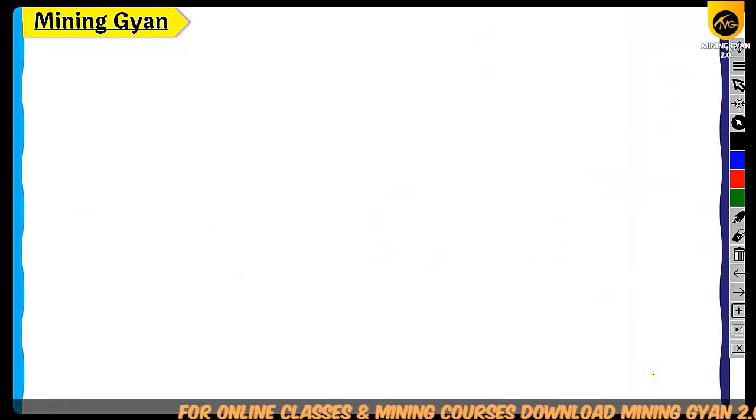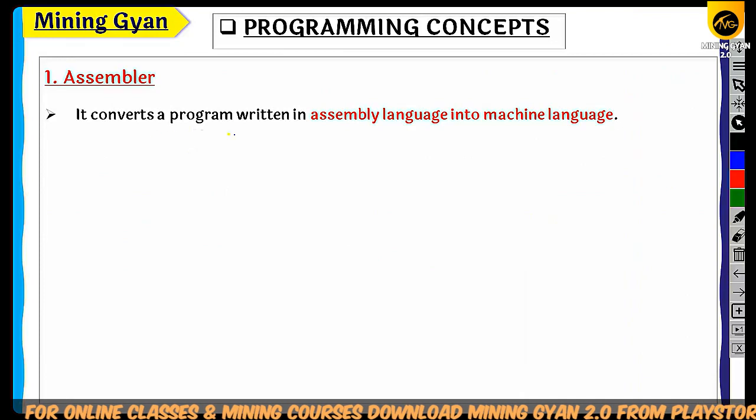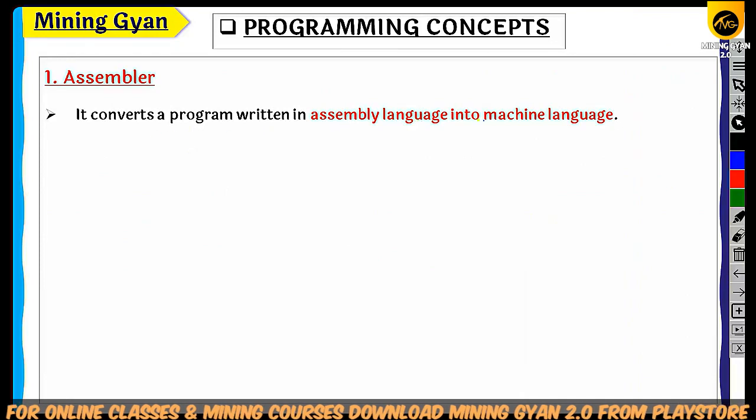The first one is the assembler. Basically it converts a program written in assembly language into machine language. As I said, assemblers are just used for converting assembly language into machine language.